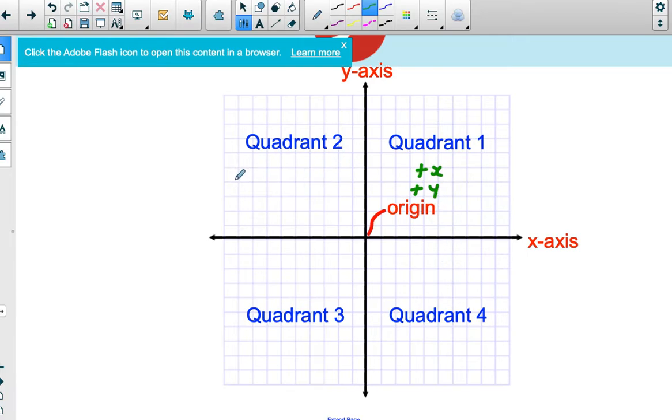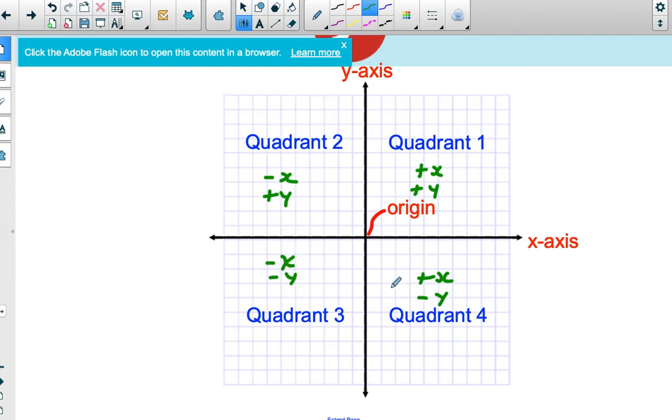When we get to quadrant 2, we are still dealing with positive y values because we're above the x-axis, but these are negative x values here. In quadrant 3, we're still dealing with positive x values because we're to the right of the y-axis, but we're in negative y territory. And over here, negative x and negative y.